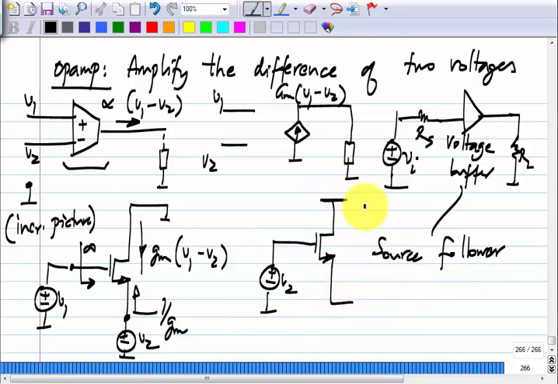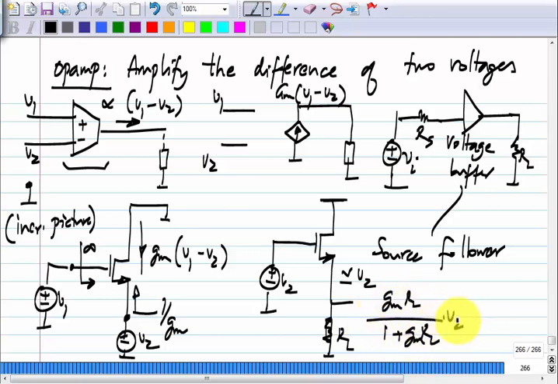The drain is not used, it is grounded, and at the source you will get something nearly equal to V2. If you do have a load, you will get GMRL by 1 plus GMRL times V2, and you have to make sure that GM is much more than 1 by RL. So, we have some buffer.